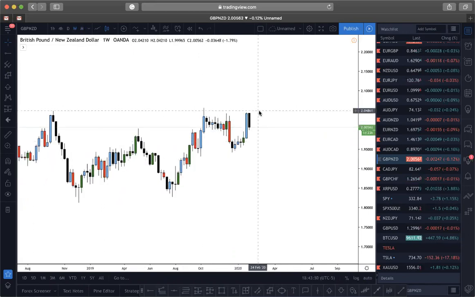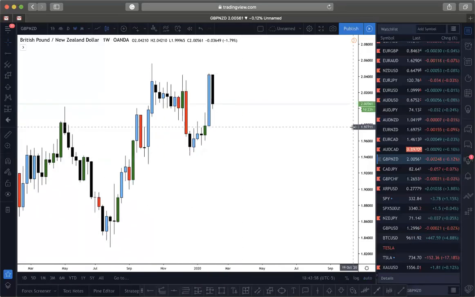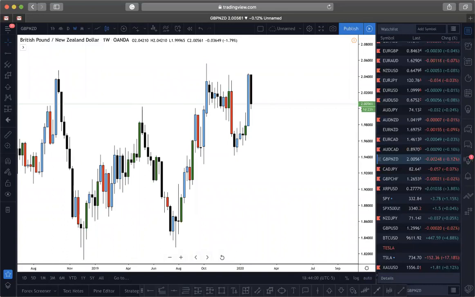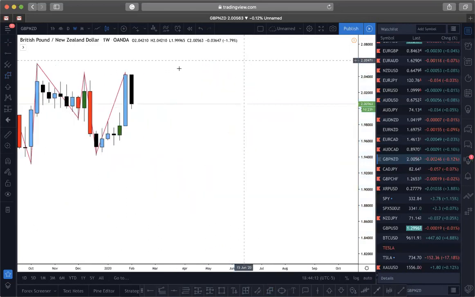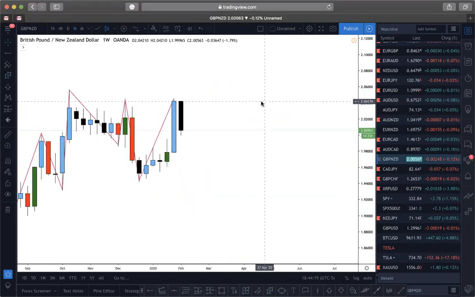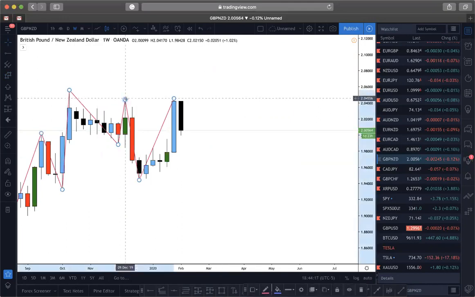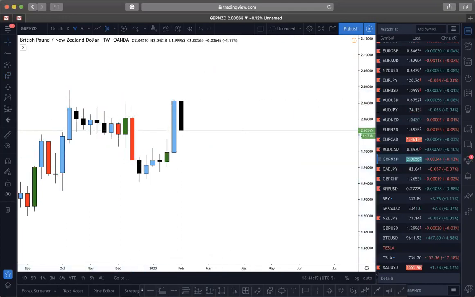The weekly is, let's see, it is up. We had a sharp pullback, but now the weekly trend is up because the market surpassed this previous high. It made a higher high.